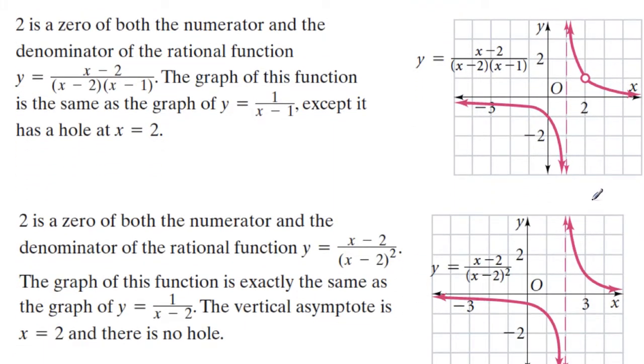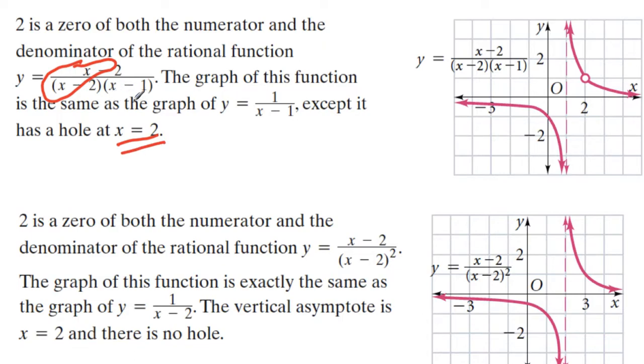Okay, so looking at this one, we have the graph of this function. y is x minus 2 over x minus 2 times x minus 1. Alrighty. So we know we have a hole, and that hole is at x is 2.